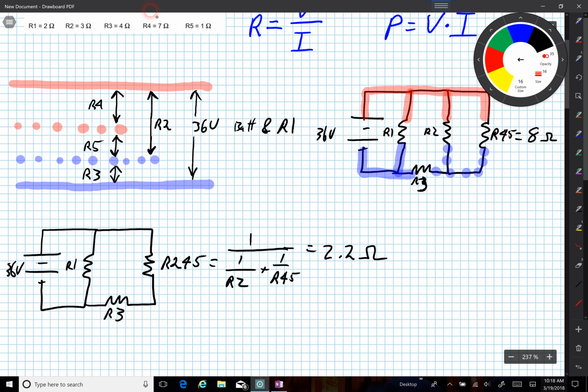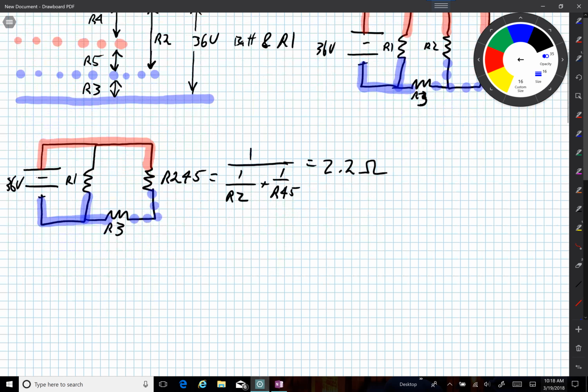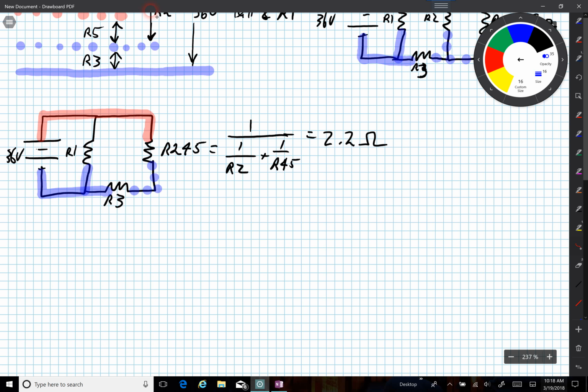And now I do my colors again on this circuit. There's my circuit now. And now we can see that R245 and R3 are in series.